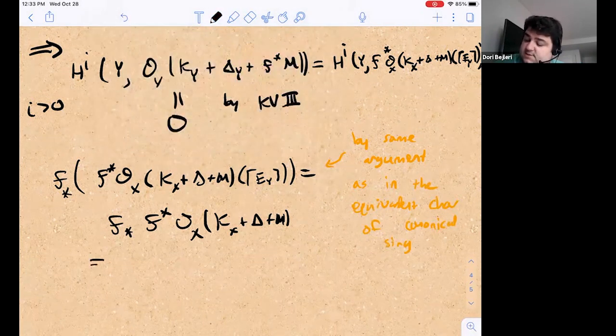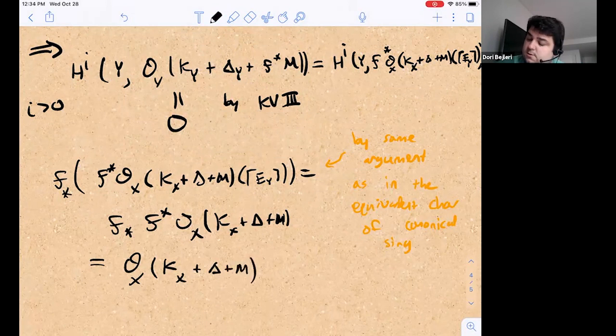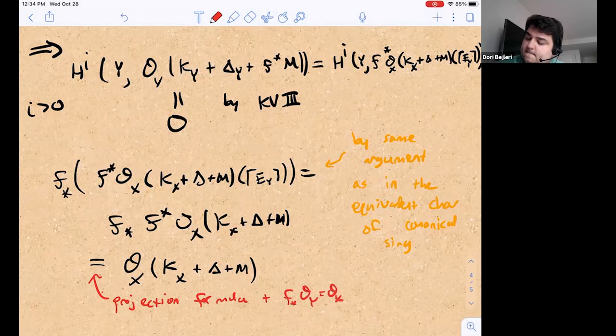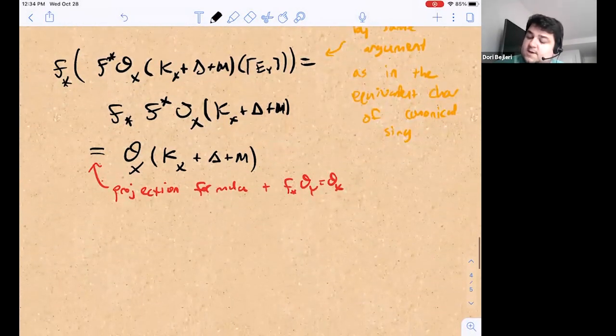On the other hand, this is O_X by normality because the push forward of O is O, because the map's birational, and so we get that.